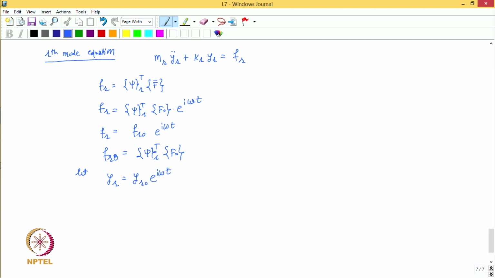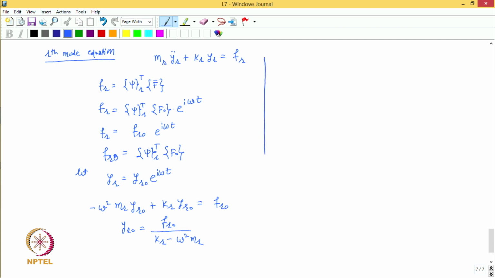If you substitute these two equations in the differential equation, what we get is minus omega square mr yro plus kr yro is equal to Fro, and we get yro as Fro upon kr minus omega square mr. That basically gives us the amplitude of the modal response of rth mode.